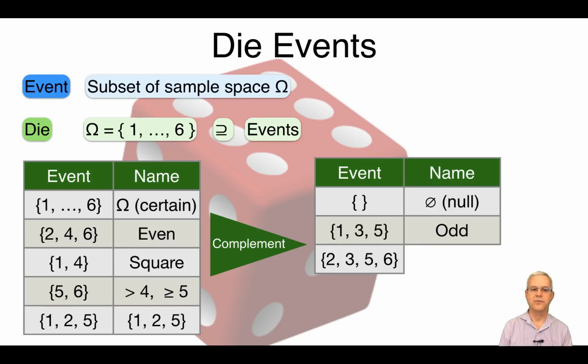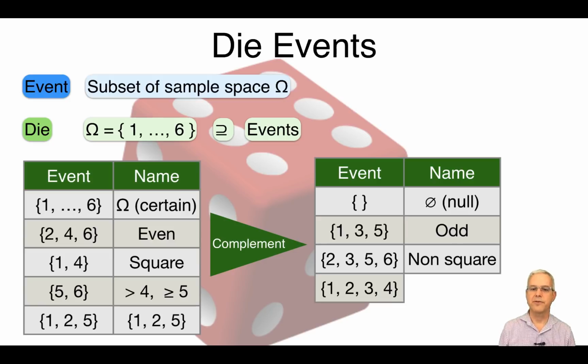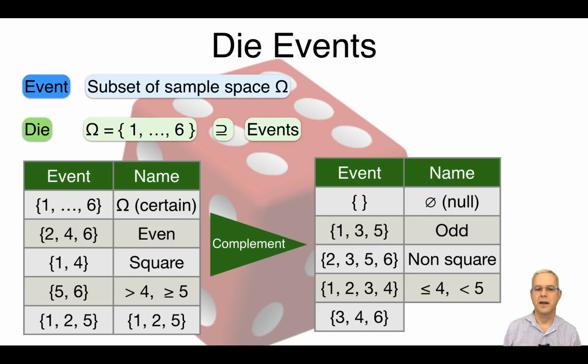The complement of the square event is 2, 3, 5, and 6, the elements not in 1 and 4, which we'll call the non-square event. Likewise, the complement of 5, 6 is 1, 2, 3, 4, which is the event less than or equal to 4, or strictly less than 5. And the complement of 1 to 5 is just 3, 4, 6.